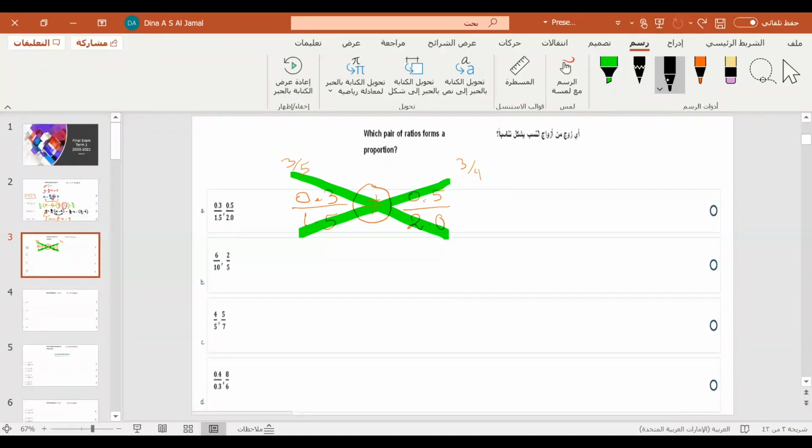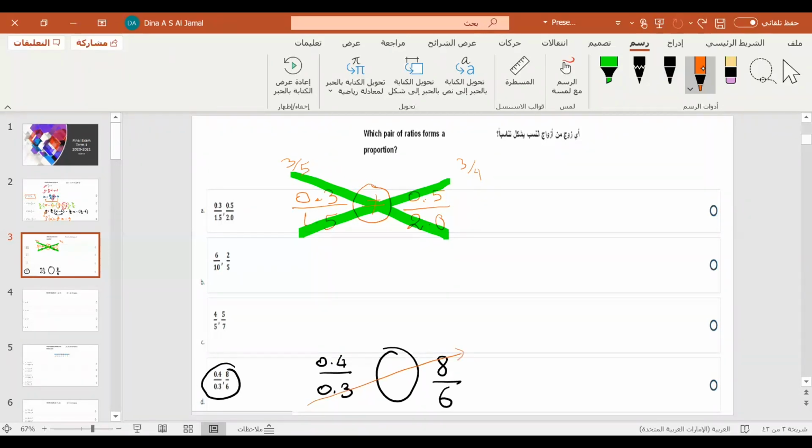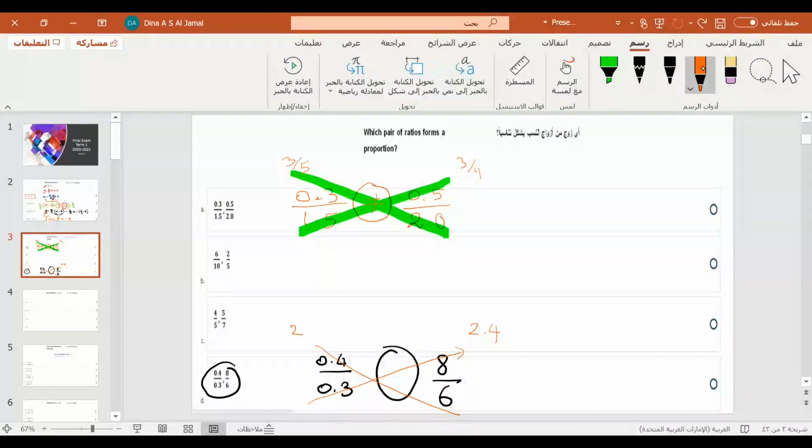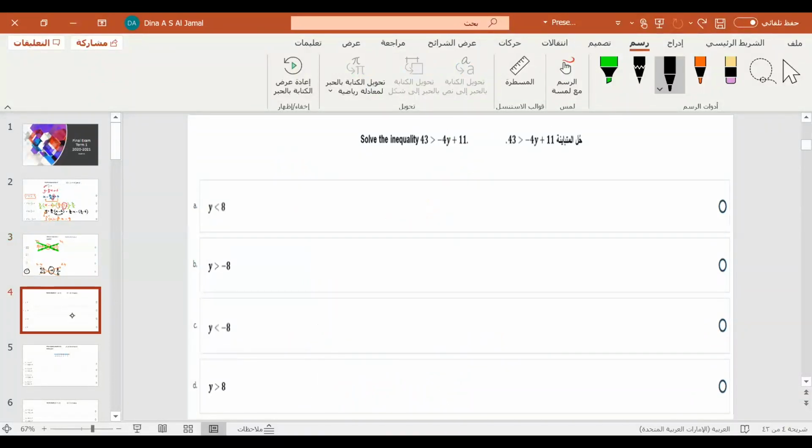Your answer will be D. So if you try it, it will be 0.4 over 0.3, 8/6. And when you do your cross product, this one will be 2.4 and this one will be 2.4, which is equal at the end. Now let's go to the other question.